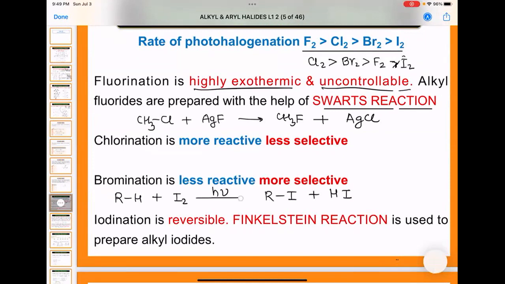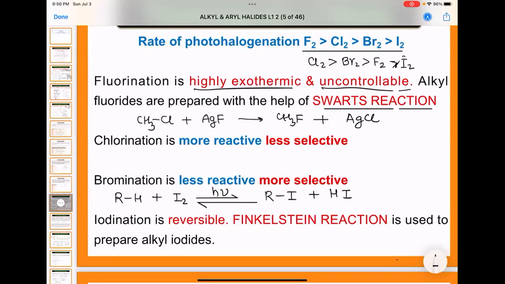This reaction is completely on the backward side, which means you are not getting the products. So what do you need to do to get more products? This is an equilibrium reaction, reversible.